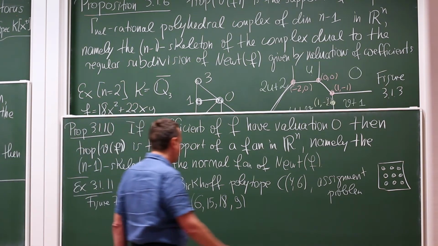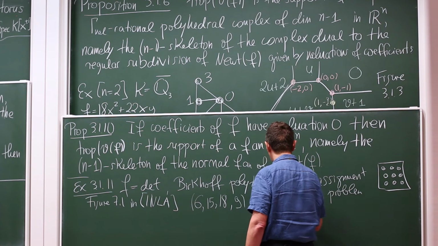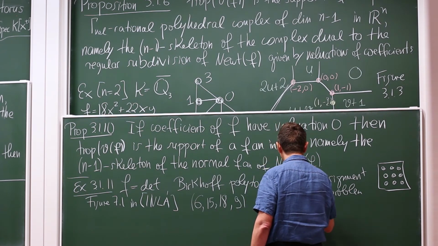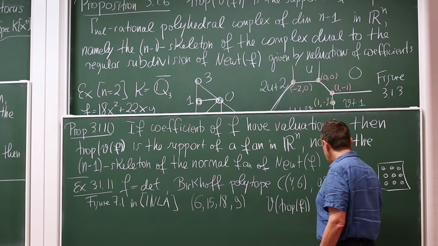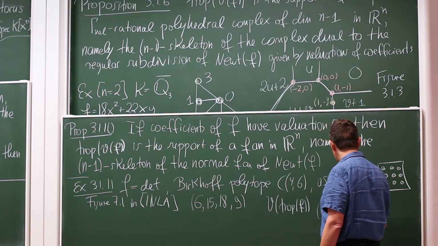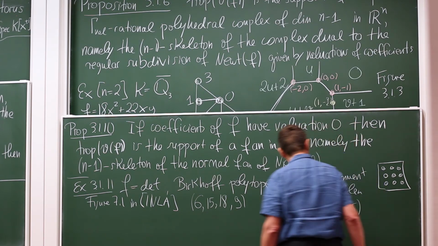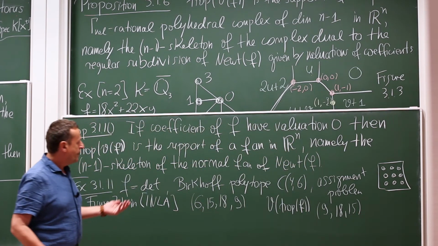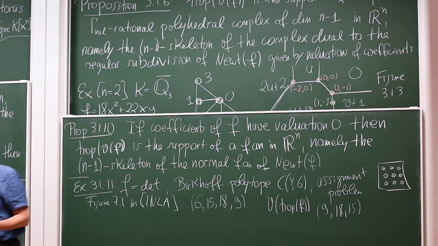So therefore, the tropical variety, which is an 8-dimensional fan, has the f-vector 9, 18, 15. Now, what does that mean? Well, the polytope is 4-dimensional, but it's in 9-space. So the normal fan looks like a book with many leaves, where the spine of the book, the lineality space, is the orthogonal complement to the affine span of the polytope.